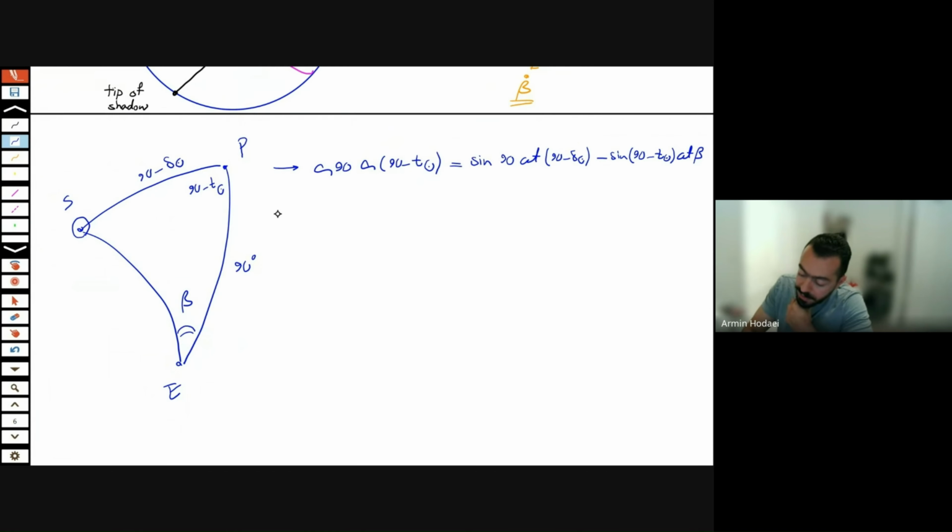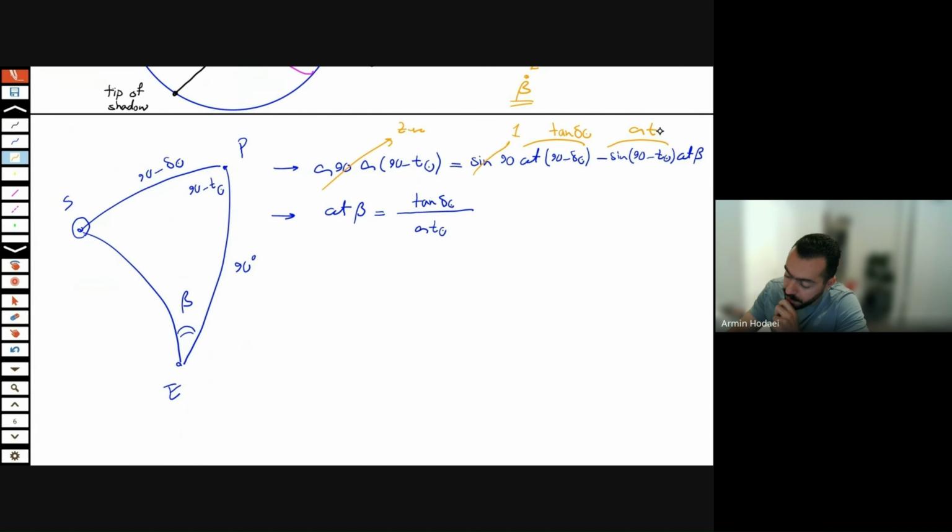So that being said, this is just 0. This is 1. So at the end of the day, I'm going to have cotan beta that is cosine t, and then tan delta, right? And this is cosine t, right? There you go. So let's say this is equation number 1.